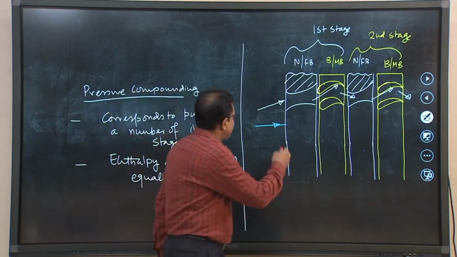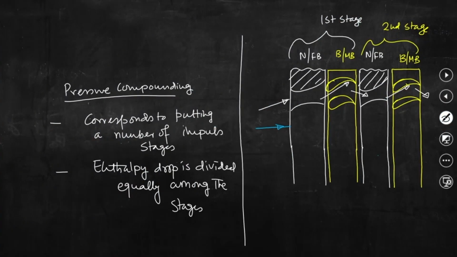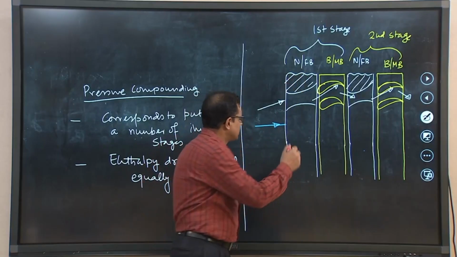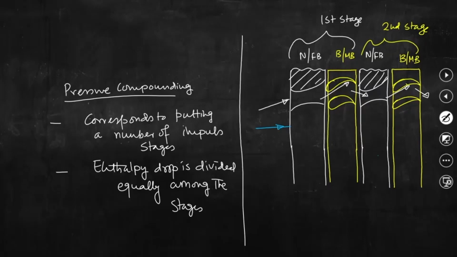Now, when steam is passing through the nozzle or fixed blades, we know that at the expense of pressure drop, velocity will increase. So, the pressure will drop, and when steam is passing through the moving blades, theoretically there is no pressure drop. So, that pressure will remain the same.